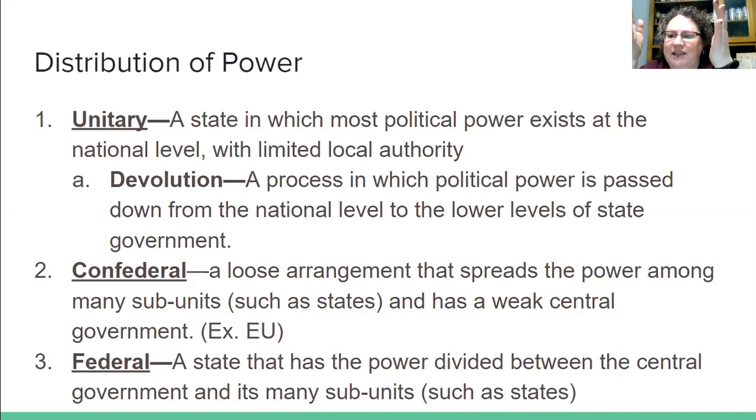So in every state, you've got regional authority and you've got your central authority. If I'm a unitary state, that power is all in the central, okay? If I'm federal, it's shared. In confederal, it's the opposite. The regionals have all the power and there's very little coming together.